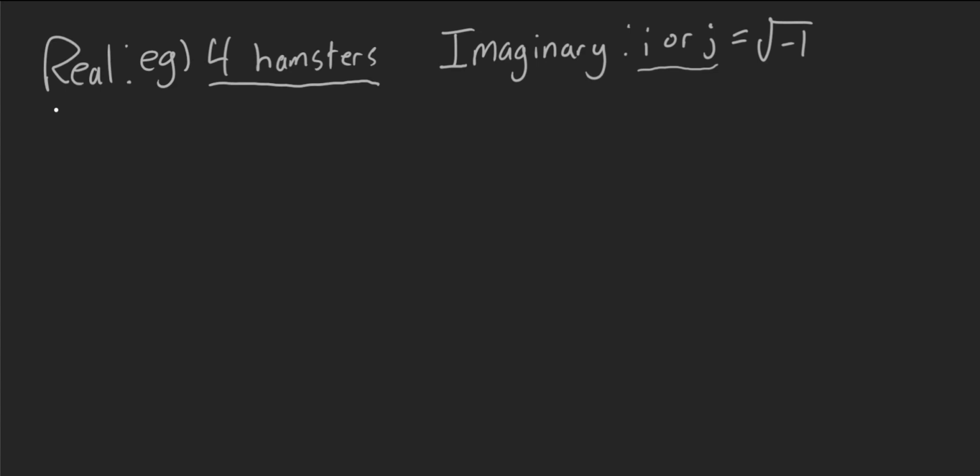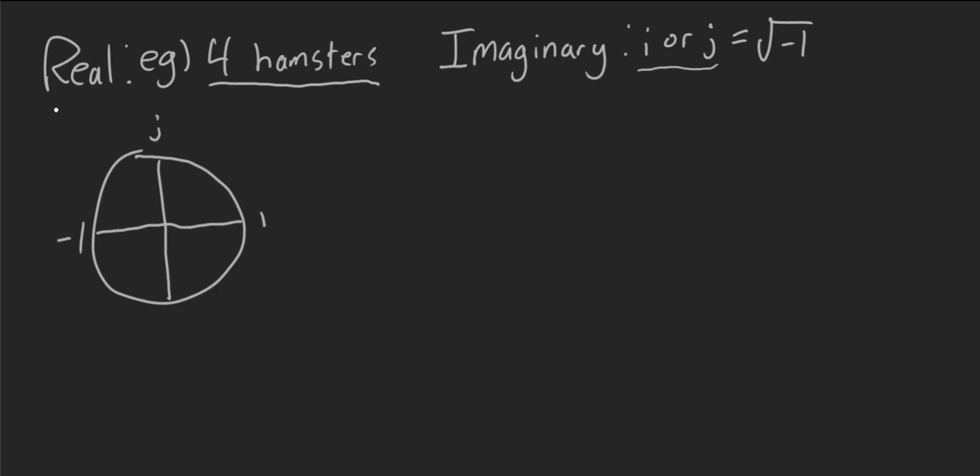So following on from that, let's consider a unit circle to help us visualize real and imaginary numbers. So what we essentially have here is real numbers on the x-axis and the imaginary number on the y-axis.